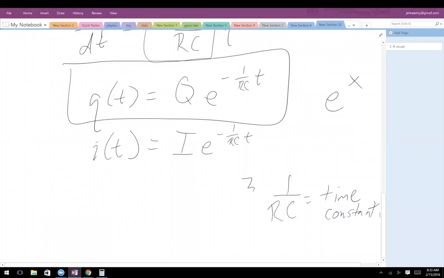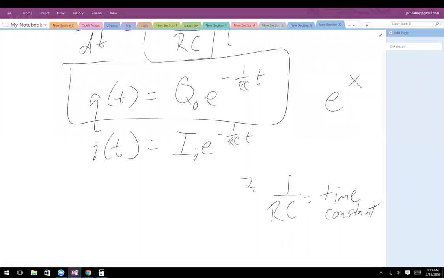Okay, so the little q, maybe I should put zeros on here just to make it more clear. So this says the current at a particular time, or the charge at a particular time, is whatever the initial charge is times this E guy. And same thing with the I. The current at any time is whatever the initial current is times this E guy.